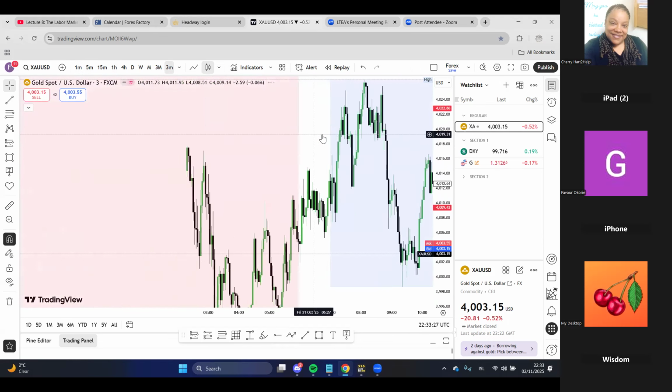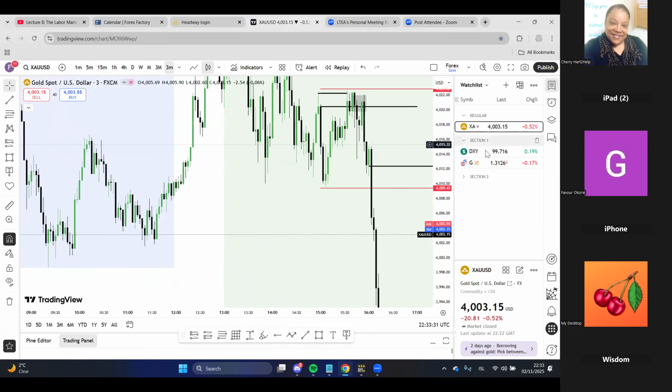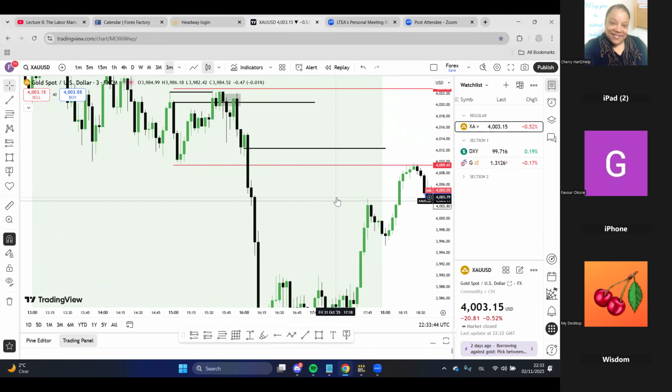Let's see, 3 minutes. Okay, something like this right here. This is much clearer either way in 3 minutes. You must make sure price didn't take out any kind of internal high or something for price to continue going down. That is when you can hold your trade.